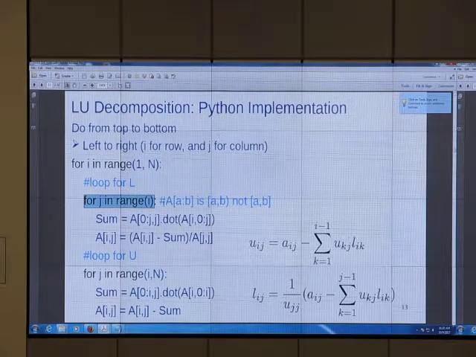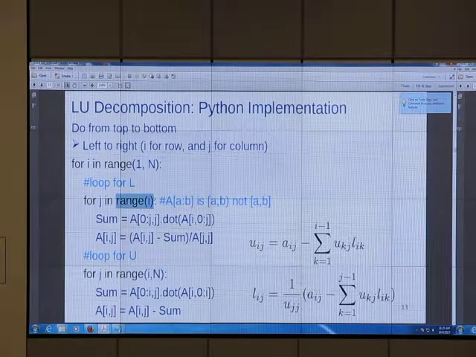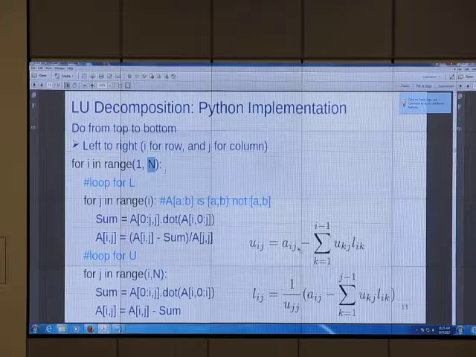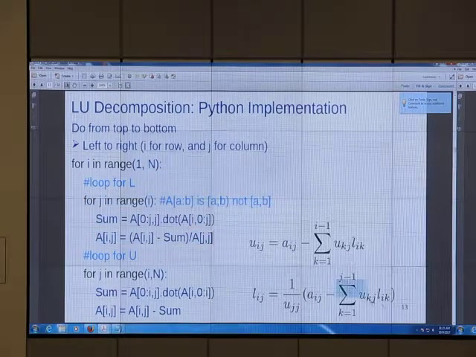Why should it be there? Range I, what is range I? This means 0, 1, 2, 3, 4, 5 until I minus 1, right? So when I do from to I minus 1, this means I didn't cover every I. I is from 1 to n.